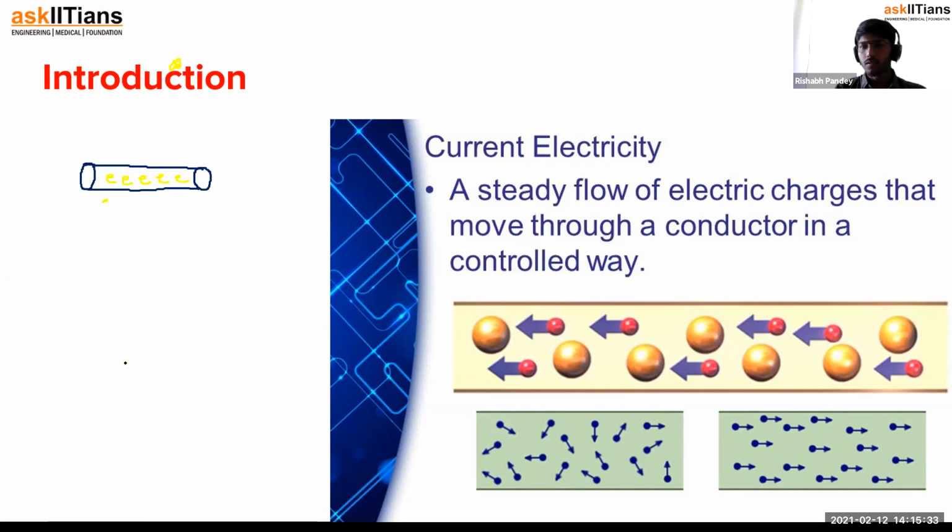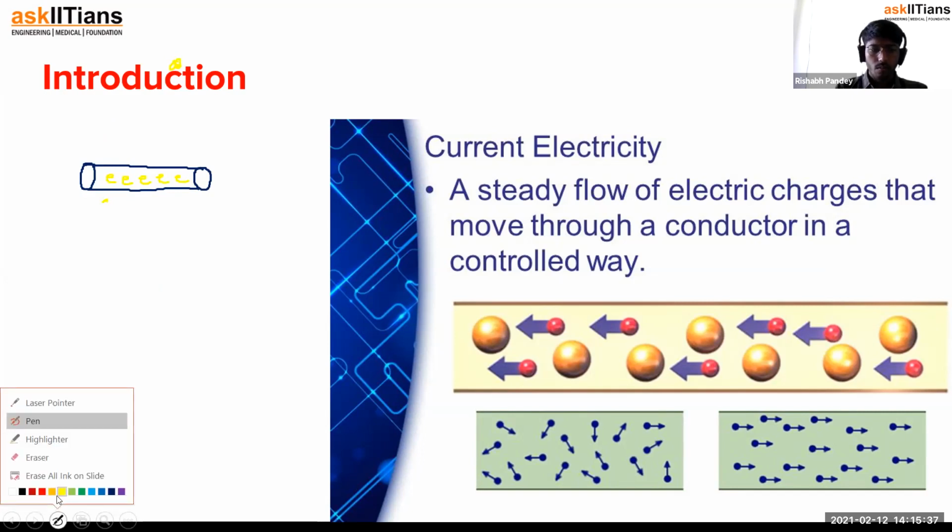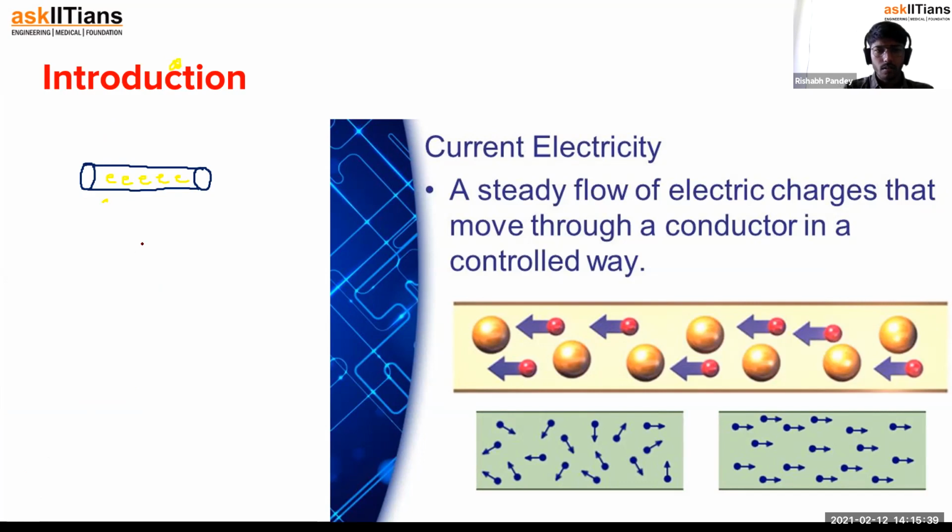These are the carriers of the charges, the carriers of the current. Now, when they start moving in one singular direction, they will produce a net effect.